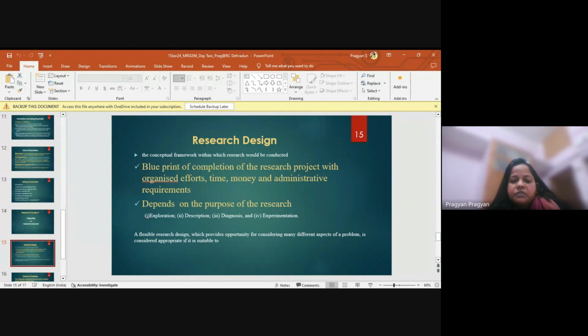So overall, research design is not just one step or the second step, it is covering all those steps. It is a kind of blueprint of the whole research project in a systematic way, with exact counting in possible terms of spending, in terms of time, in terms of funding required, in terms of administrative requirements.